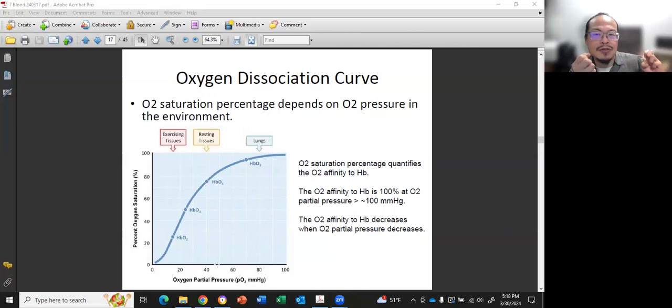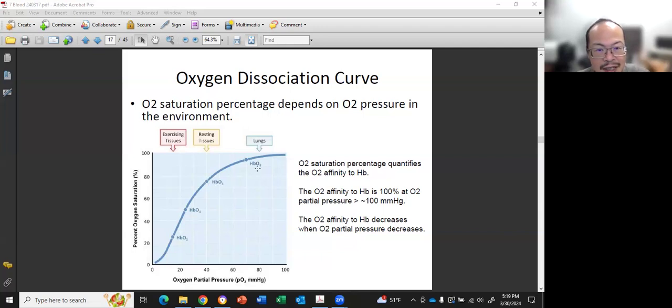Cell will use them to produce the ATP. So you can see that in that environment, the hemoglobin saturation percentage will drop to about 75-ish.